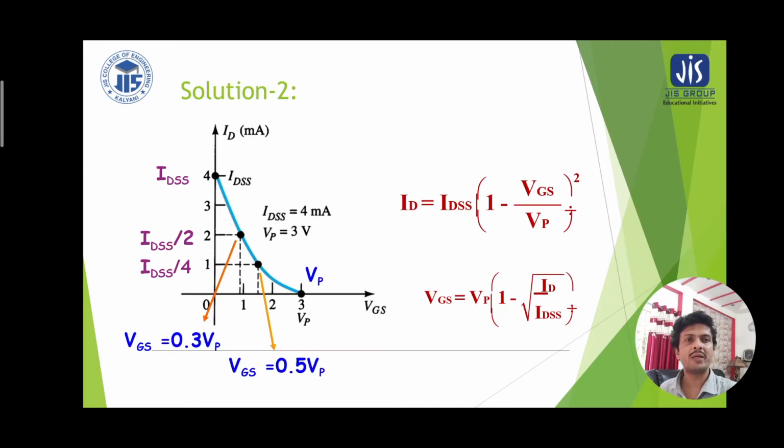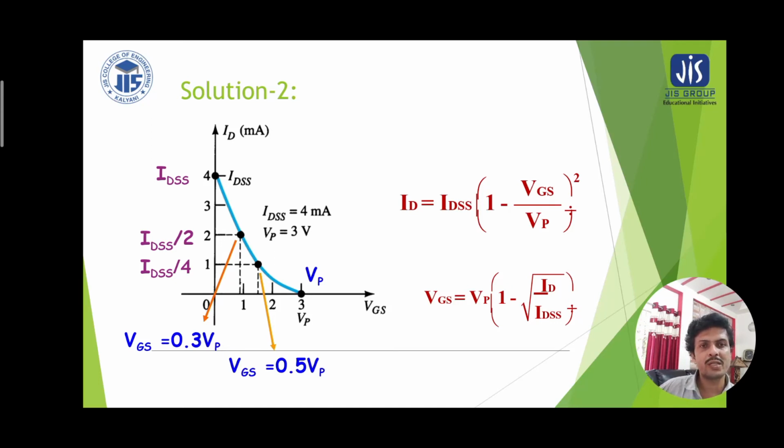If we directly go to the sketch, it is residing in the first quadrant, because VGS is positive and ID is also positive, so we get the non-linear characteristics between VGS and ID.